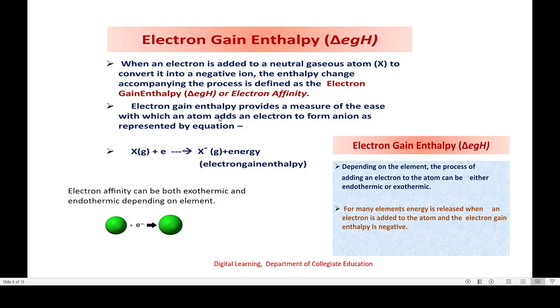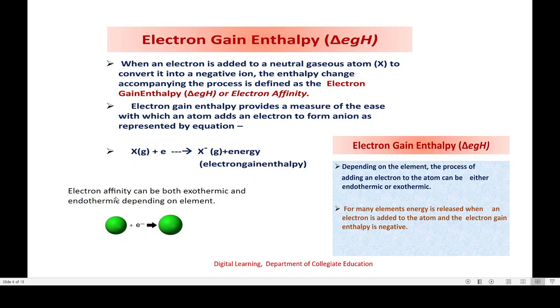So the electron gain enthalpy provides a measure of the ease with which an electron can be added to an atom to form an anion, and it is represented by the following equation. A neutral gaseous atom taking up an electron gets converted to an anion, and the amount of energy involved during this process we call the electron gain enthalpy.